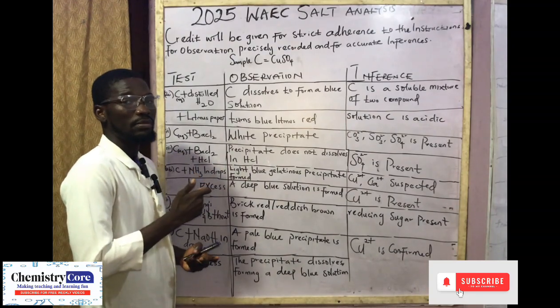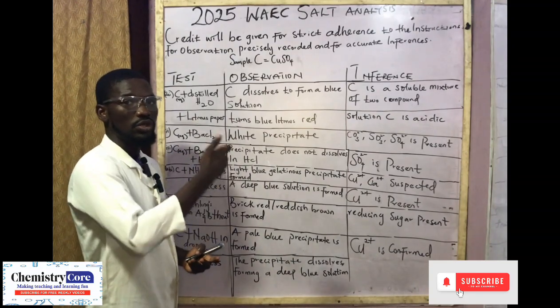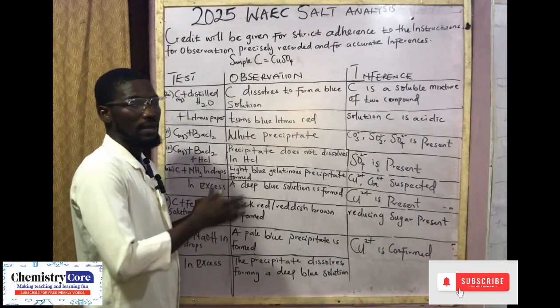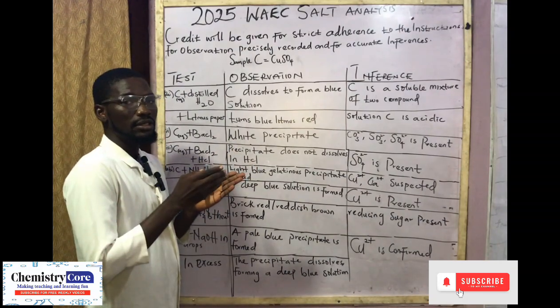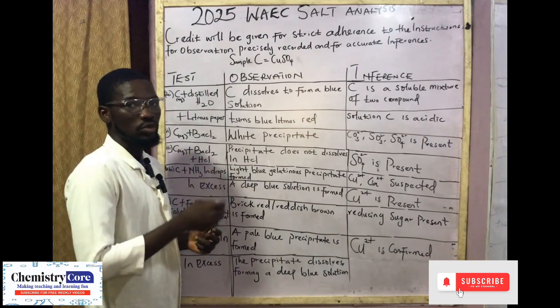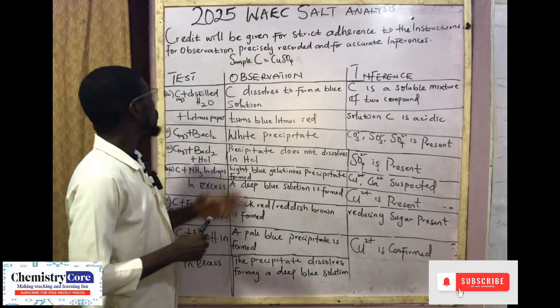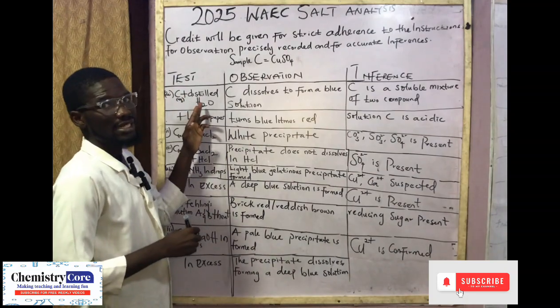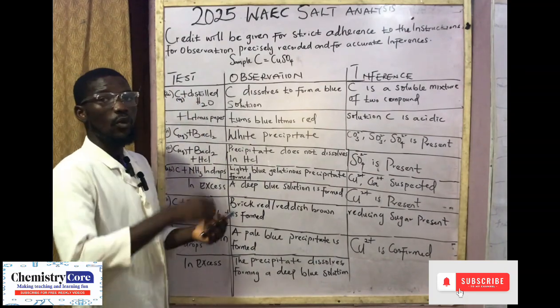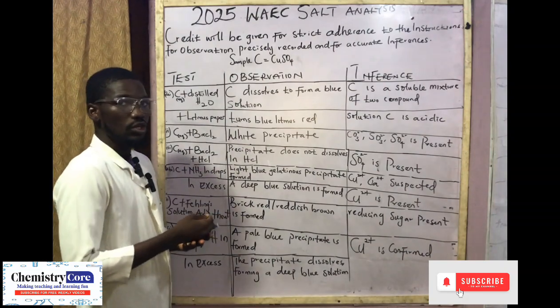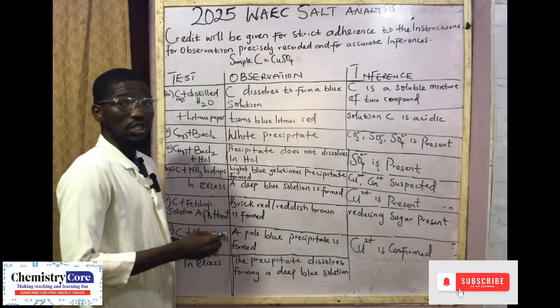And what is the measurement of that sample C into the test tube? If you are given the salt, which is sample C, pick a little out of that salt with a spatula and divide it into two portions. The first portion will be for sample C plus distilled water. When you pour that into the test tube, it will dissolve to form a blue solution.